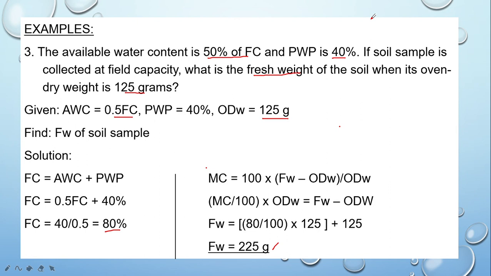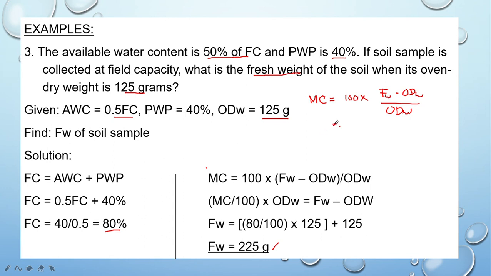Okay, so if we are going to check that one, we have 225 as our fresh weight. So getting the moisture content, MC, equal to 100 multiplied by fresh weight minus oven dry weight, all over oven dry weight.